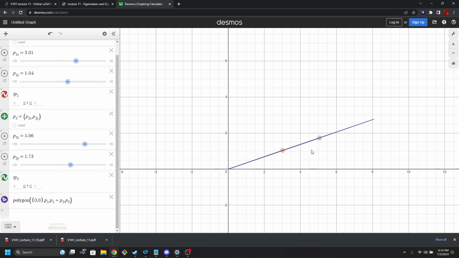And lines do not have any area. So it turns out that volume only returns 0 if the columns of the matrix are linearly dependent.